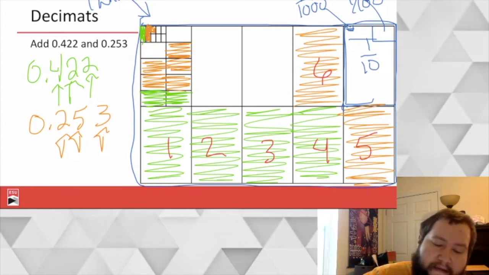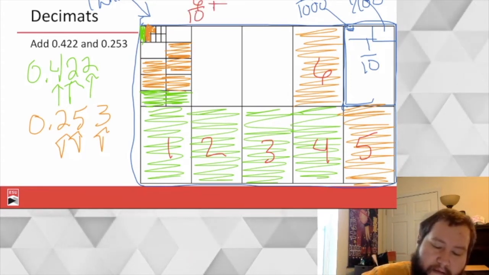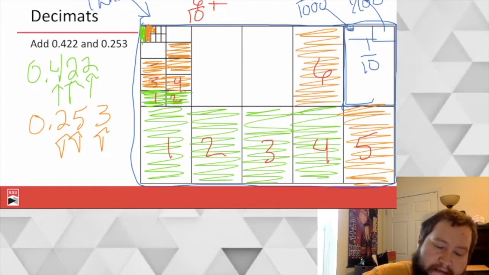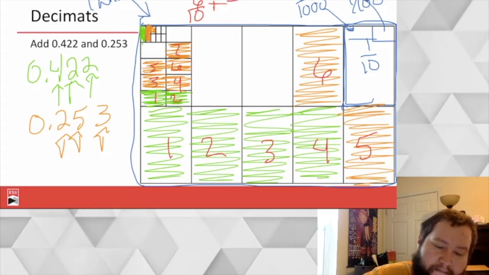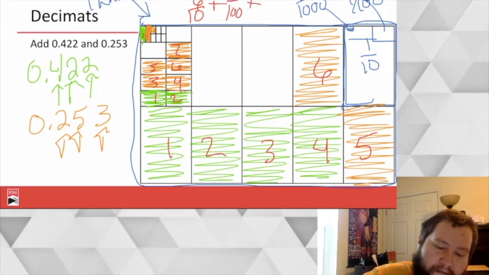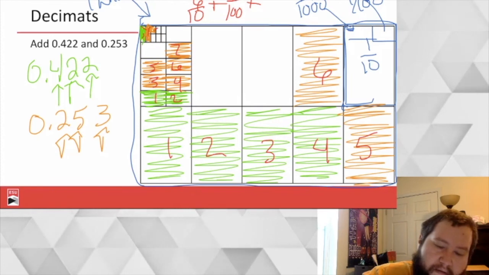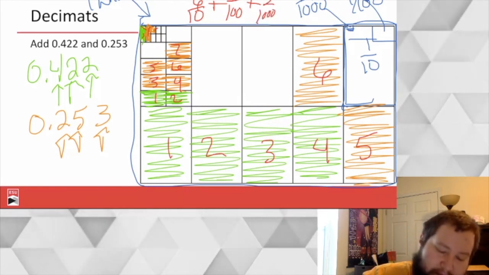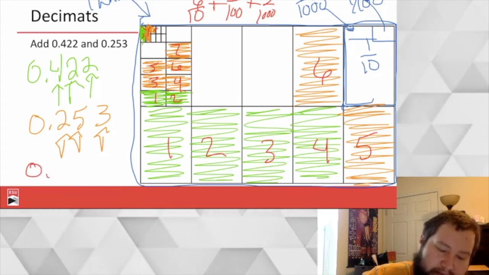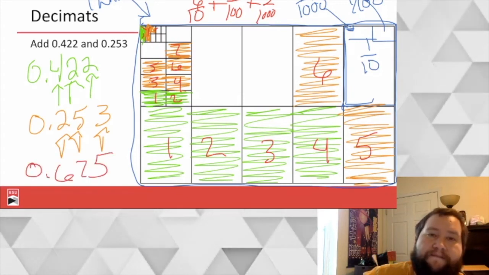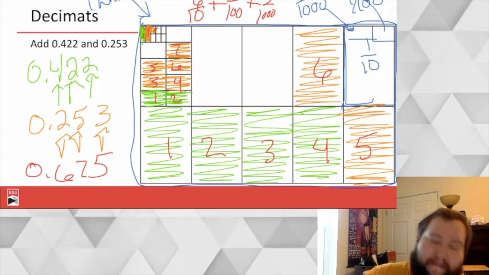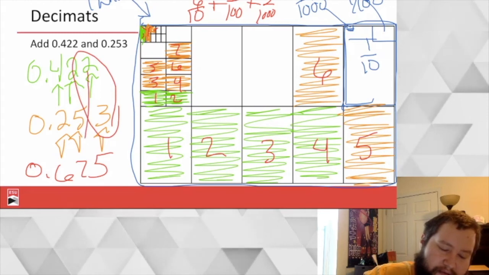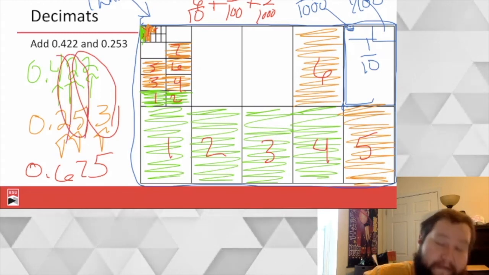We have 6/10 plus 1, 2, 3, 4, 5, 6, 7/100ths plus 1, 2, 3, 4, 5/1000ths, which means we have 0.675. And notice the decimat helps us see we can just add by place value. 2 plus 3 is 5, 2 plus 5 is 7, 4 plus 2 is 6.